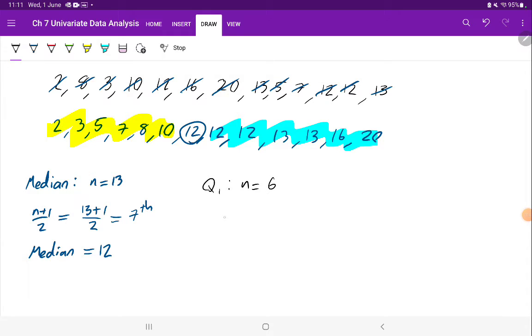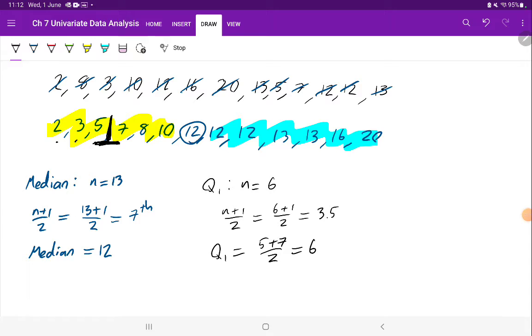And now we can just work it out. So n plus 1 over 2, 6 plus 1 over 2, 7 over 2 is 3.5. So it's going to be in the 3.5 position, so in between the 5 and the 7. That's where our Q1 is going to go. So Q1 is going to be 5 plus 7 over 2, which is 6.